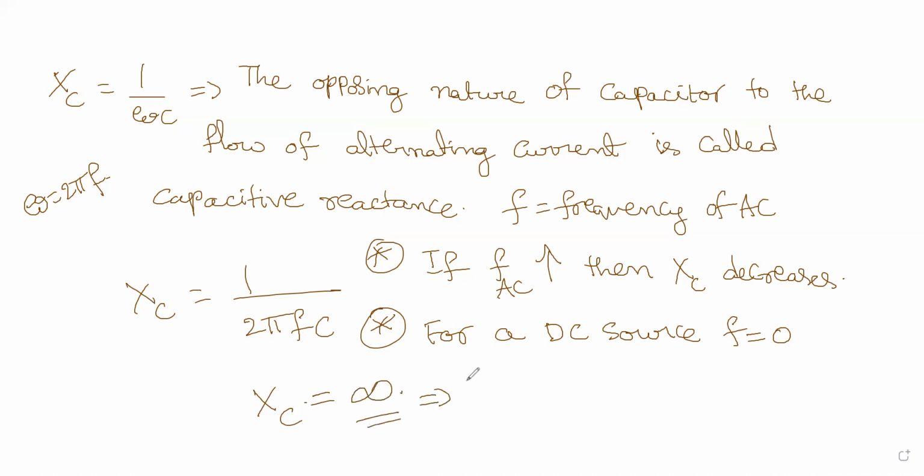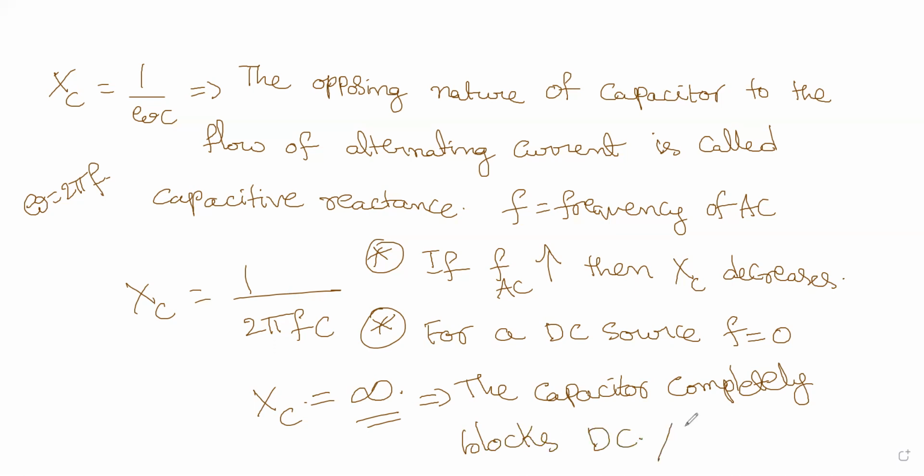So the capacitor completely blocks DC. The capacitor will completely block the DC. This is the one you have to keep in mind.